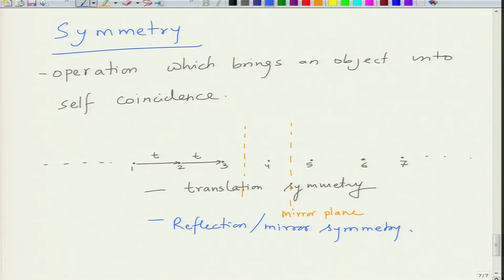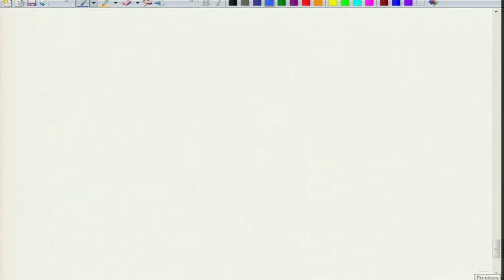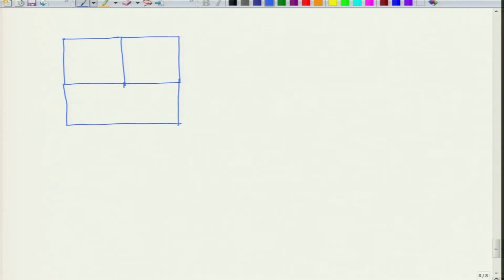And the other symmetry operations that you can perform are, so this is about 1D. Now in case of 2D, if you have a 2D object like this, let's say 4 squares put in such a fashion that this is A, this is A, this is 90 degrees.